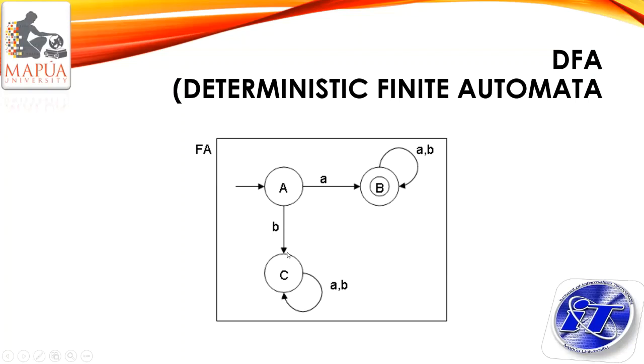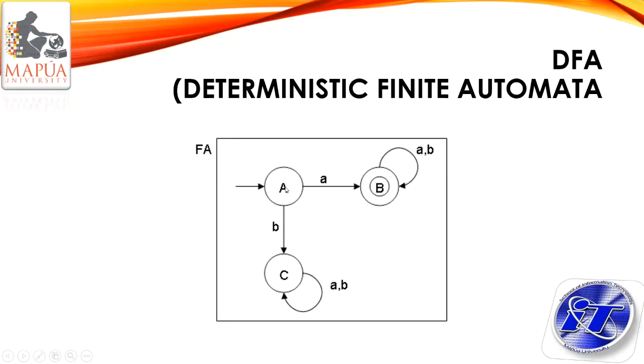The circles are states: A, C, and B are states. But what is the difference between A and B? We have two circles here. It means this is the final state. If the string stops at B, that string is accepted, valid for that automaton.